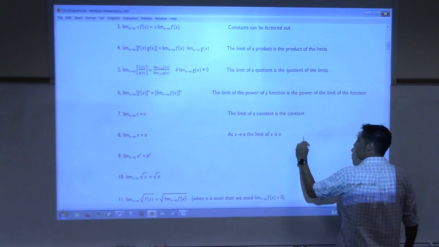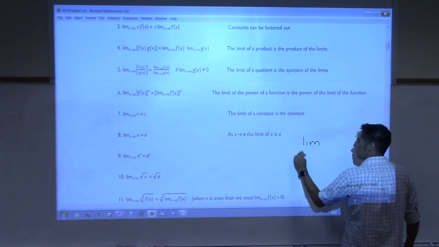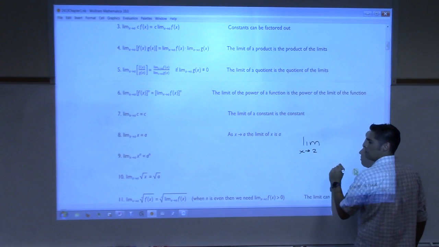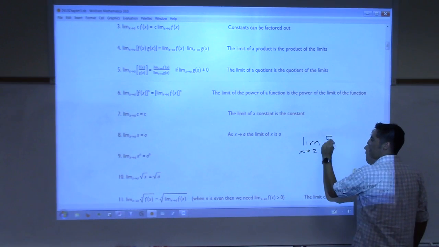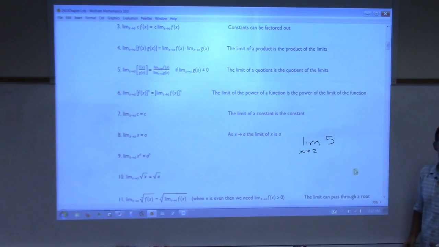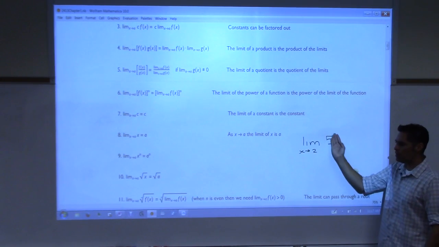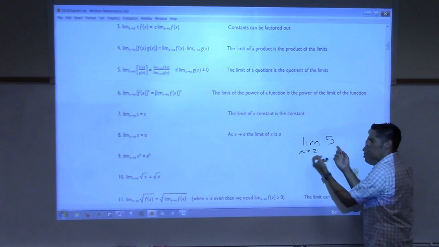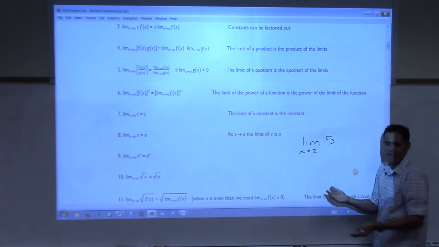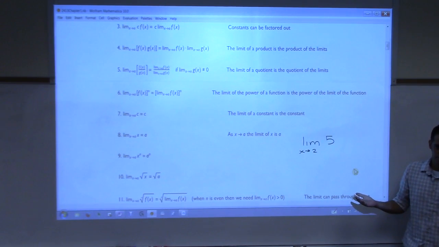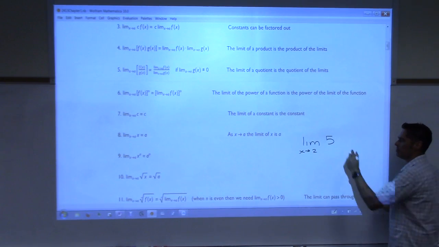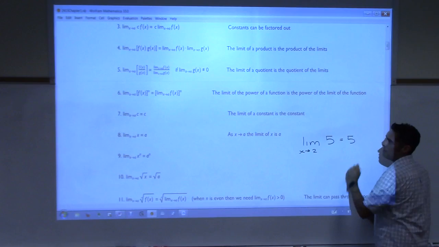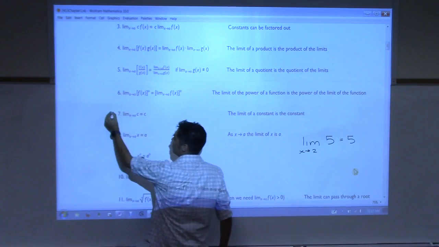If I ask you what's the limit as x approaches 2 of the number 5? Your answer is 5. And the reason is because x does not appear in this expression. So if I'm asking you, how does x going to 2 affect the number 5? It has no effect on it, right? 5 is 5. So this answer would just be 5. And that's limit law 7.